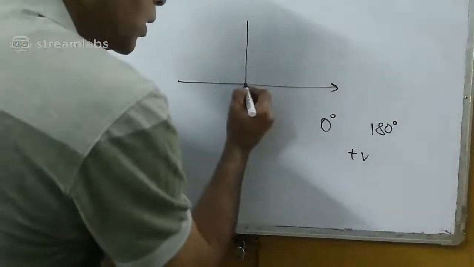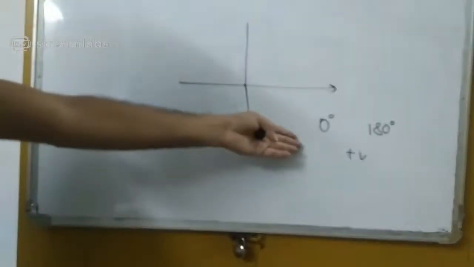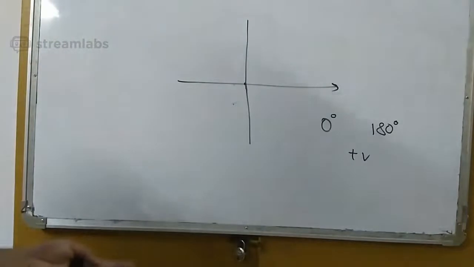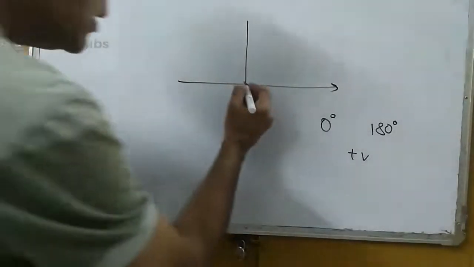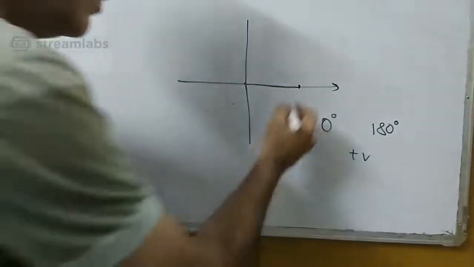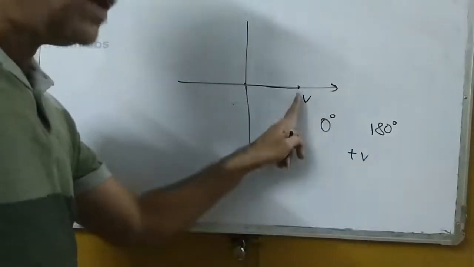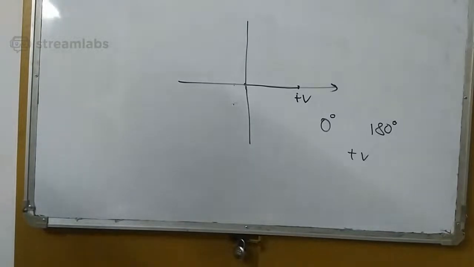One is making an angle of 180 degrees, another is making an angle of 0. The one making 0 will be represented here, which is plus V. The amplitude will remain the same, that is V.